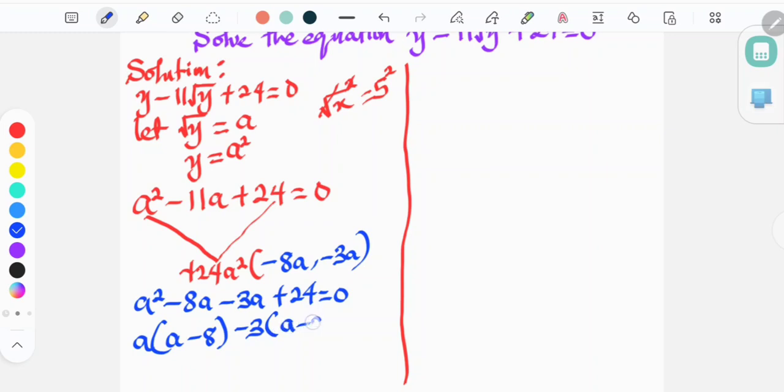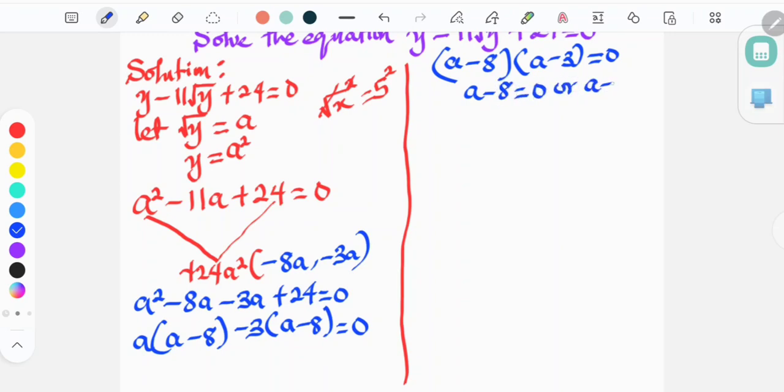We have a minus 8 equals 0. All right, so I can go ahead to say this is a minus 8 and a minus 3 equals 0. So this is a minus 8 equals 0, or a minus 3 equals 0. So hence a equals 8 or 3.